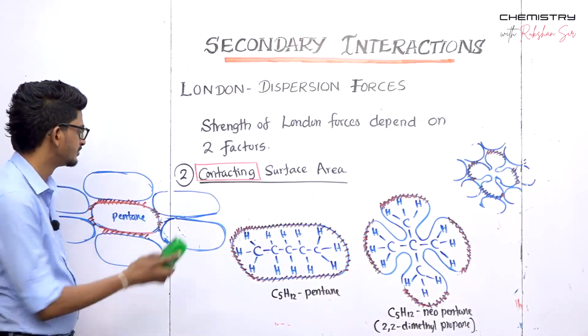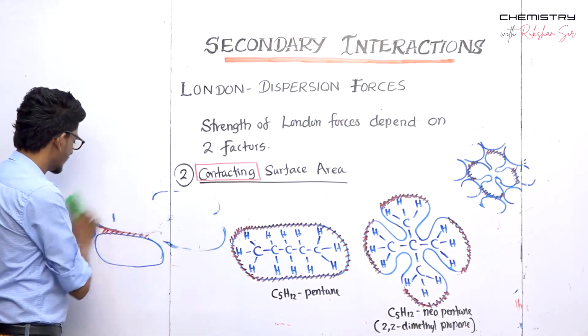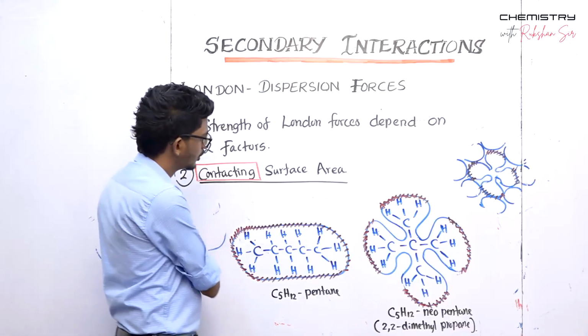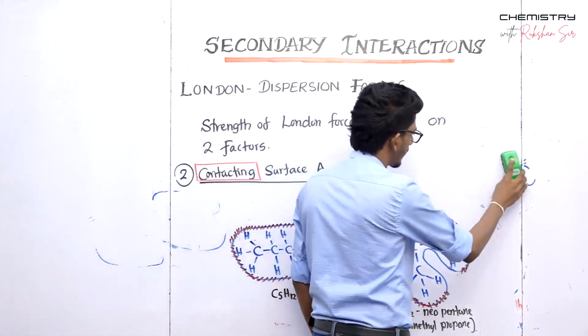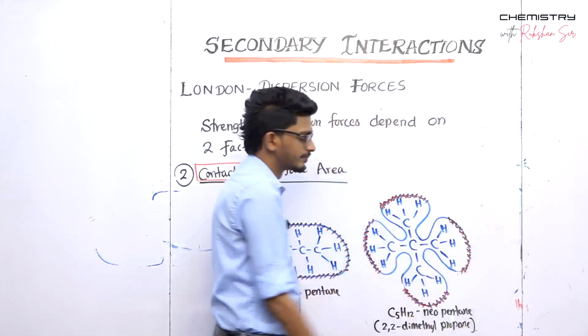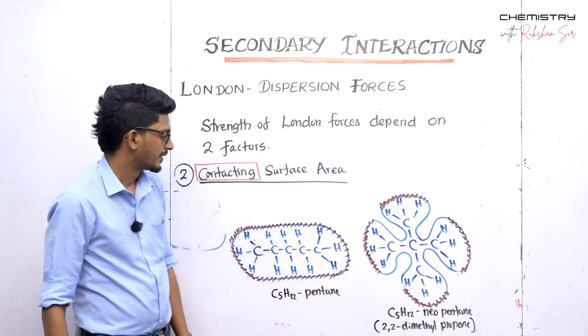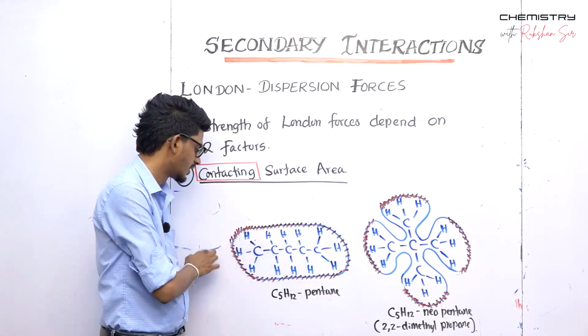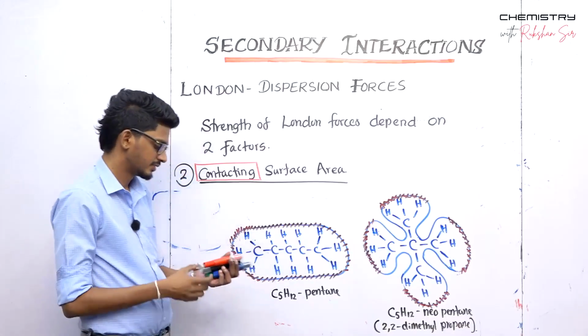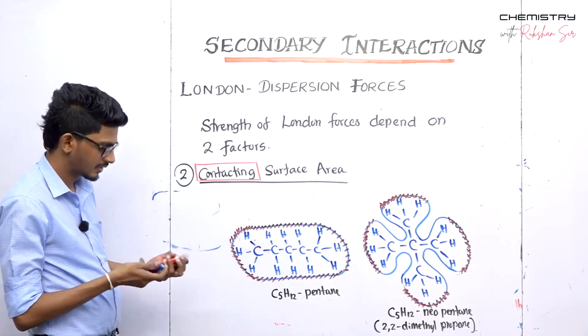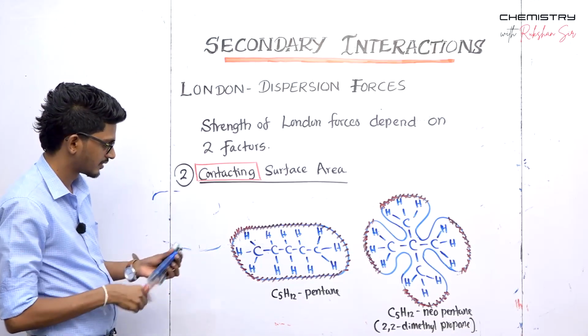Even though the surface area is high with the neopentane, the conducting surface area is high with the pentane. So the conducting surface area, that is what matters, right?